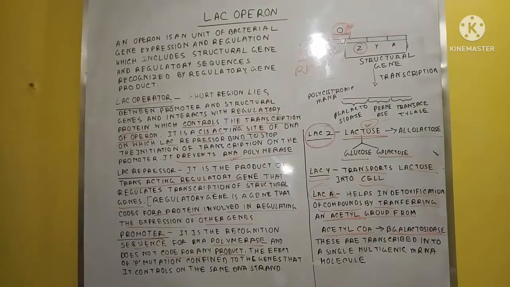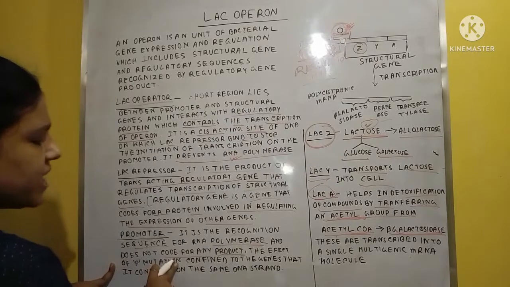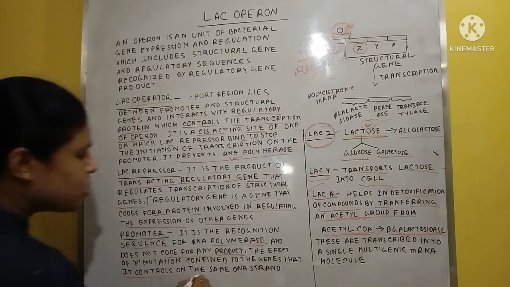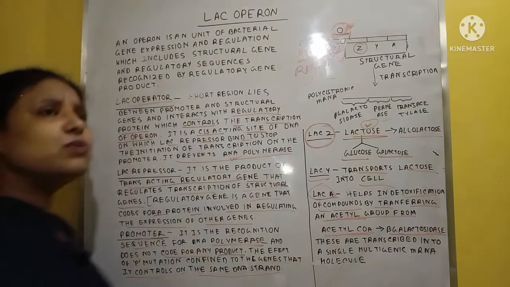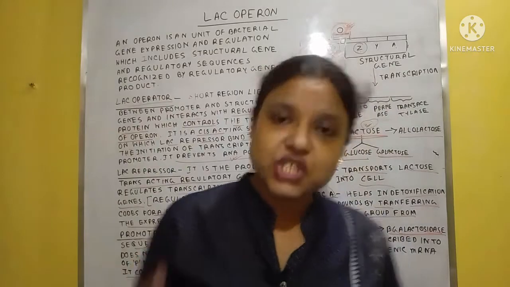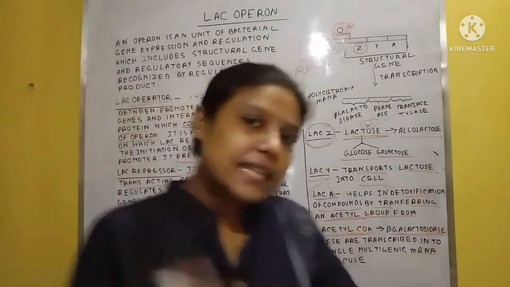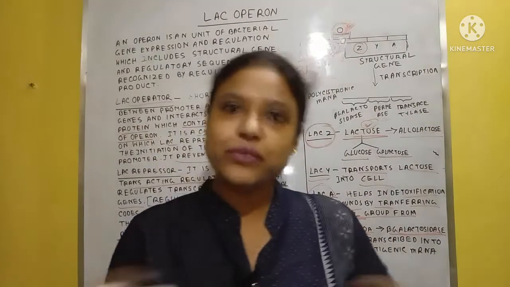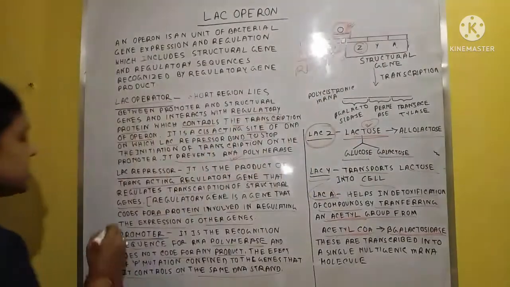So the effect of a P mutation is confined to the genes that it controls on the same DNA strand. If a mutation occurs in the promoter, its control or activity remains within that DNA. So this is the promoter.